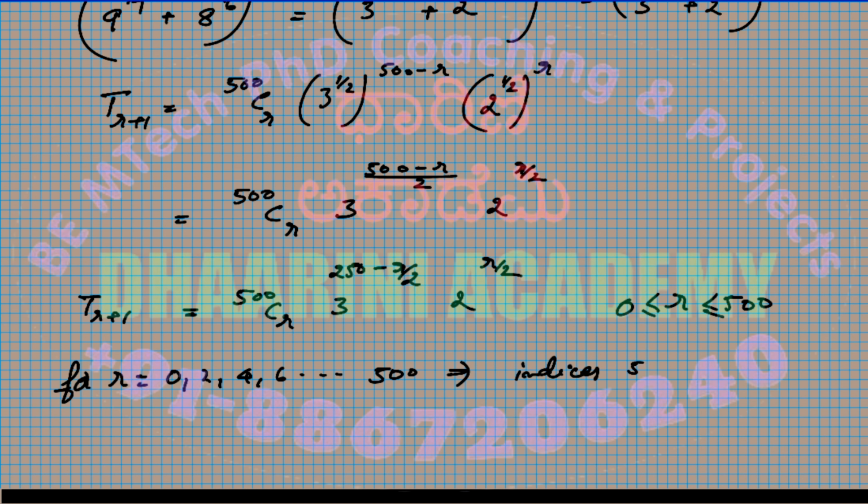The first index is 250 minus r by 2, and the second index is r by 2. Both are positive.